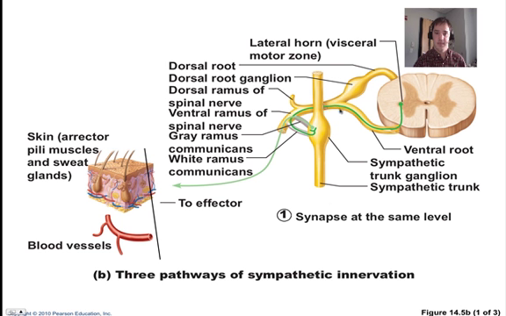This is the sympathetic fiber traveling down its pathway, and then we've got the spinal nerve entering one of these white rami communicantes, and then entering a sympathetic trunk. And this is a ganglion right here, where there'd be a collection of sympathetic cell bodies. So this synapse would be synapsing at the same level of the spinal cord.